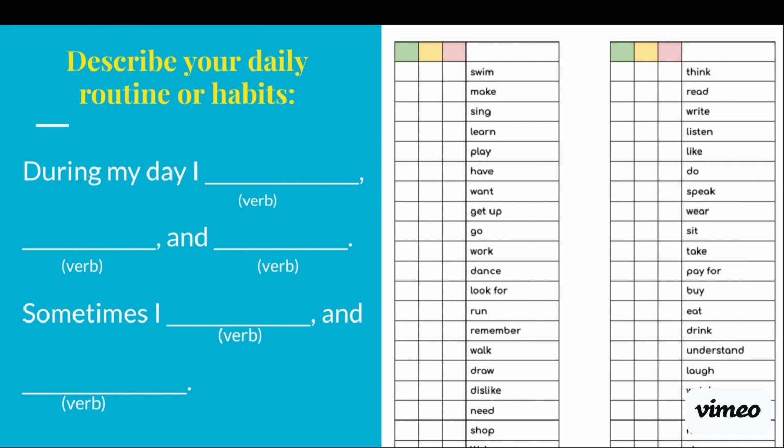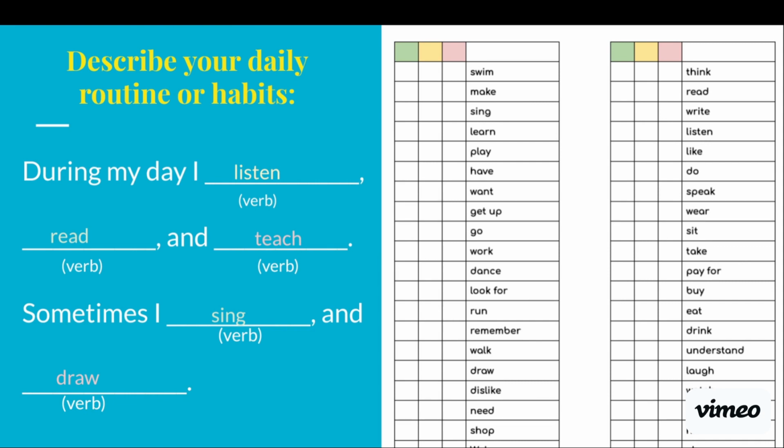All right, so during my day, I listen, read, and teach. Sometimes I sing and draw. What do you like to do? Or what do you do during your day? What are some of your habits? Or somebody could ask you, what is your daily routine like? What do you do during the day?